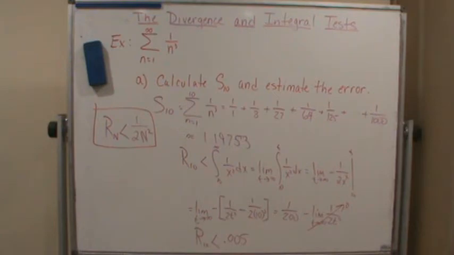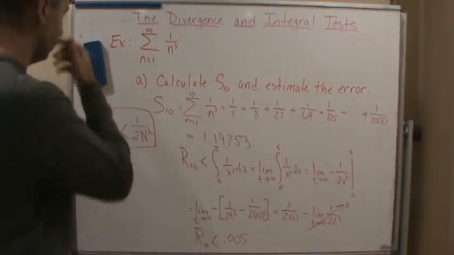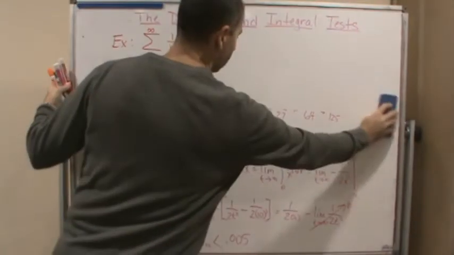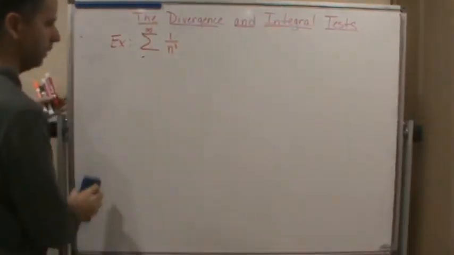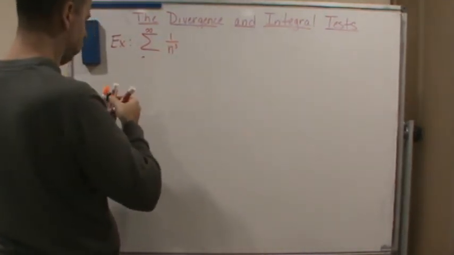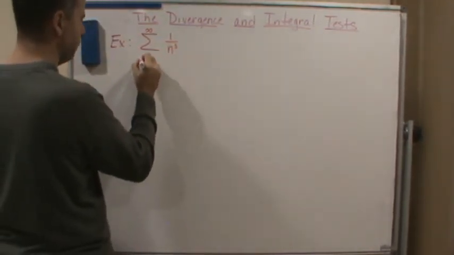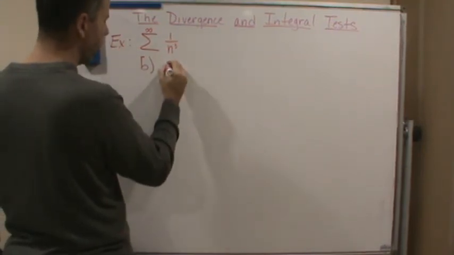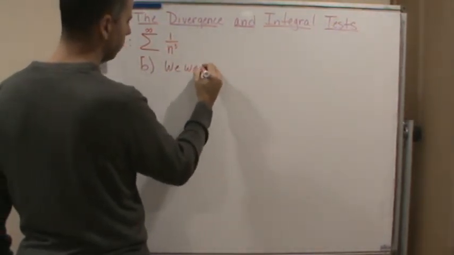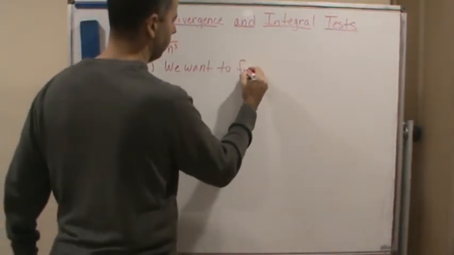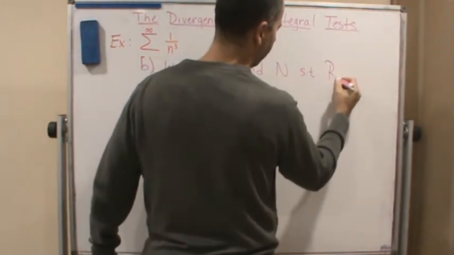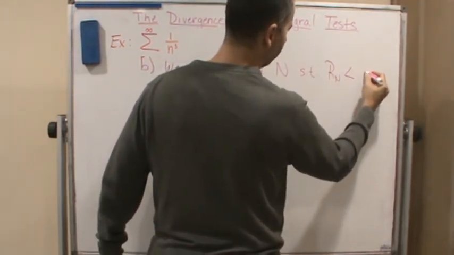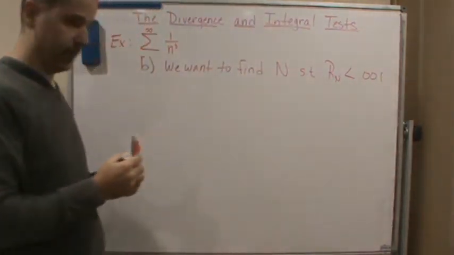So what does that mean? In part B, we want to find N such that r sub N is less than 0.001, right? So that's what we're doing.